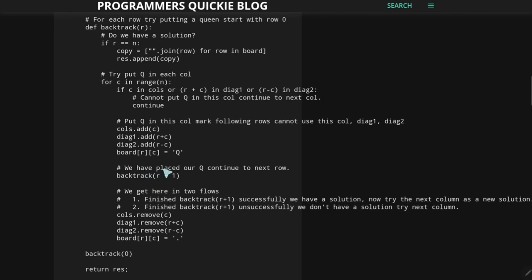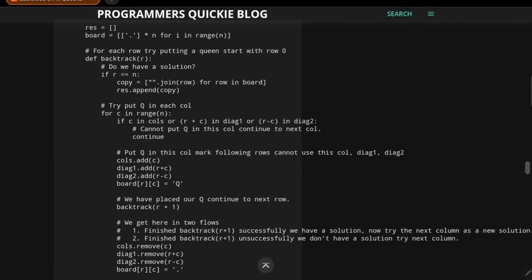Finished with all rows, because we call backtrack recursively. Once we finish with the rows, we want to backtrack and try to put the queen in another place. So we remove the queen from the last place that we have placed it, and that's it for the solution.